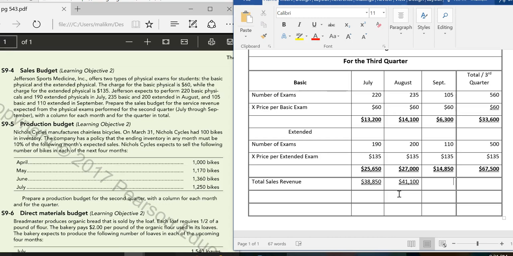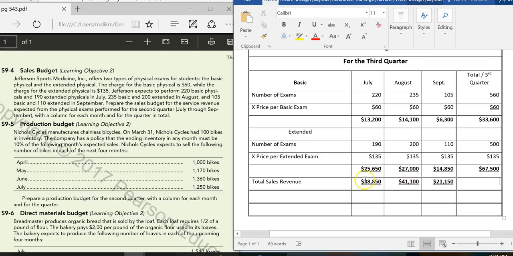Now let's do September. Basic revenue is 6,300 and the extended is 14,850. Let's do it. 6,300 plus 14,850, and what I got is 21,150. So this is their month-wise sales revenue.